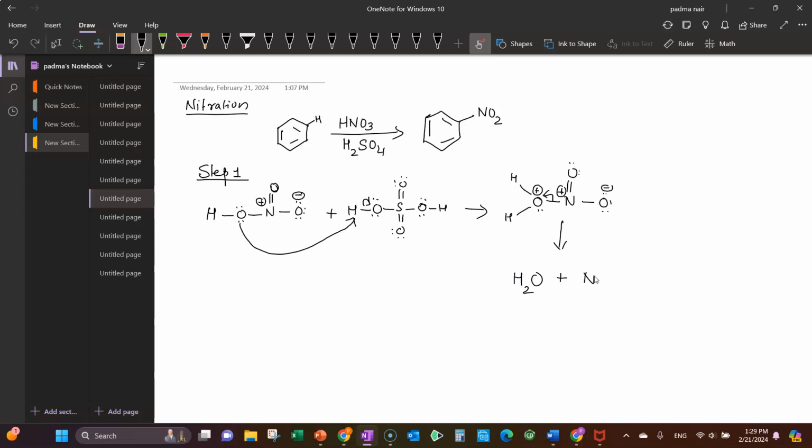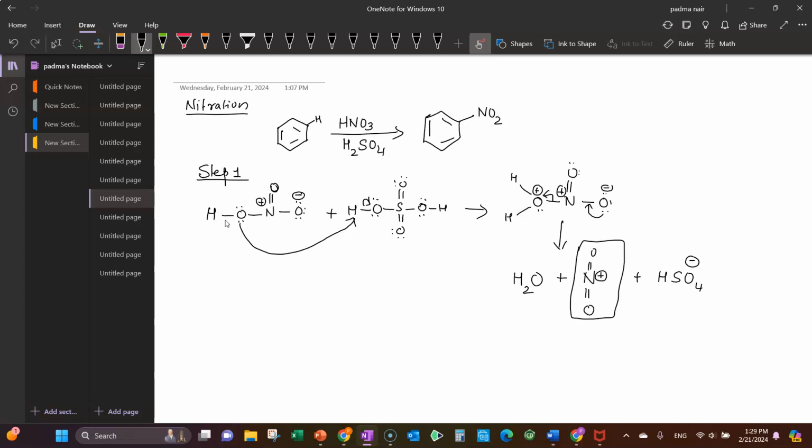In that process, it generates the electrophile, this one, with nitrogen having a positive charge. And then we also have the side product, this one, the remaining part of sulfuric acid, which is HSO4 minus. Okay, so these are all the products in the first reaction, right?